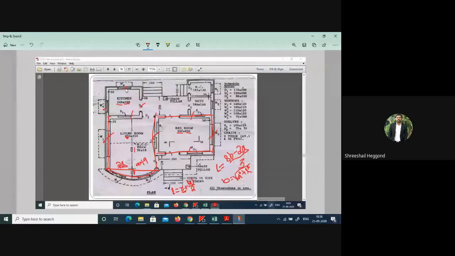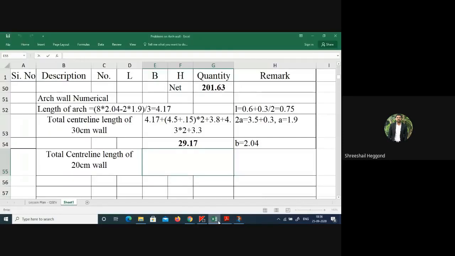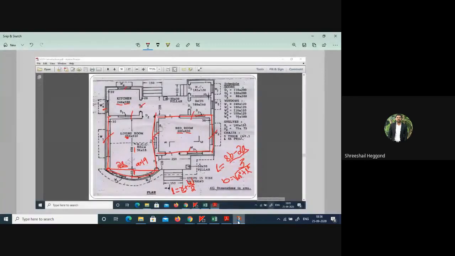One wall is 240, a 20 centimeter wall, therefore it will be 2.4 plus both the side half of wall thickness, which is 2.6. Therefore, you write 2.6 plus the other. Vertical is 300 plus both the side half of wall thickness you have to add. One side will be 10 centimeter and the other side 15 centimeter, because on one side a 30 centimeter wall is there and on the other side a 20 centimeter wall.